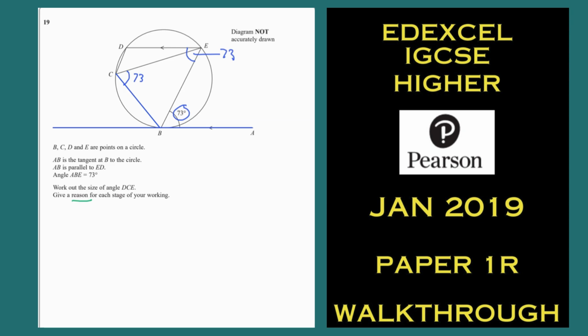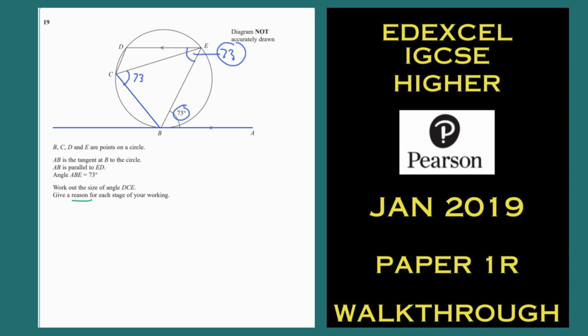The next bit is, now you've got a quadrilateral set up, you have a cyclic quadrilateral. Opposite angles of a cyclic quadrilateral sum to make 180. So we know that this is 73.